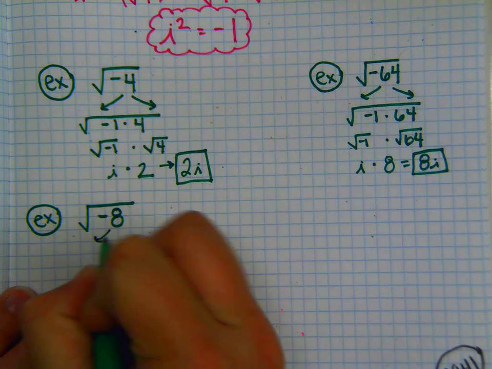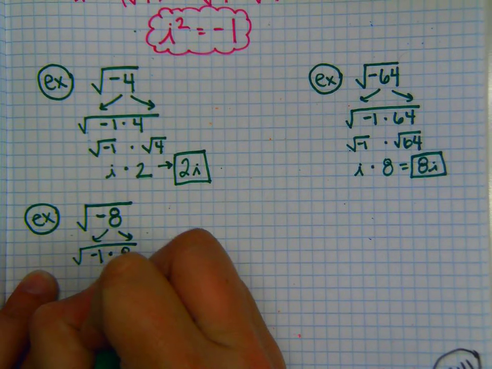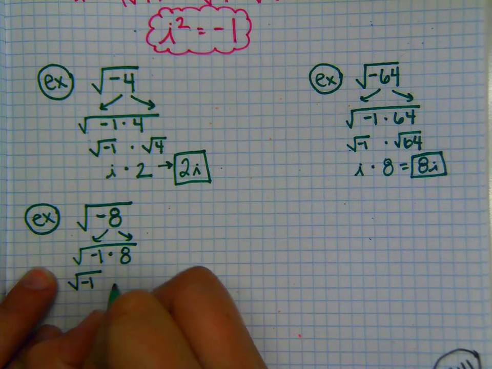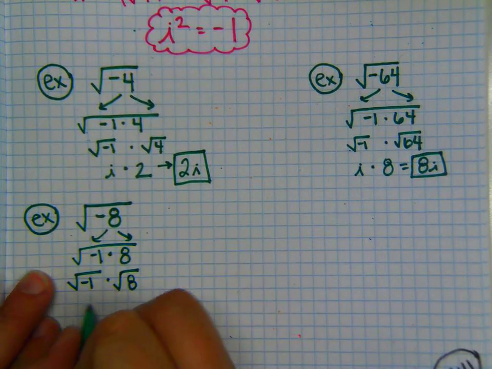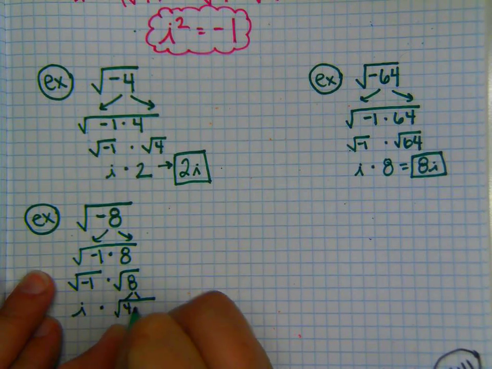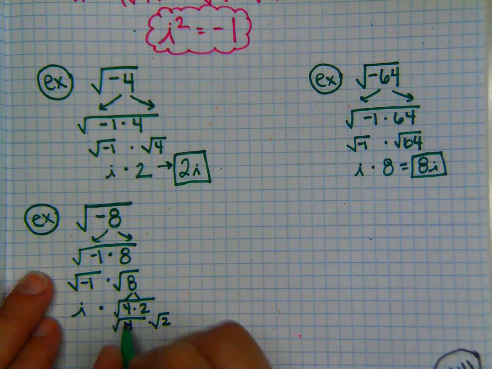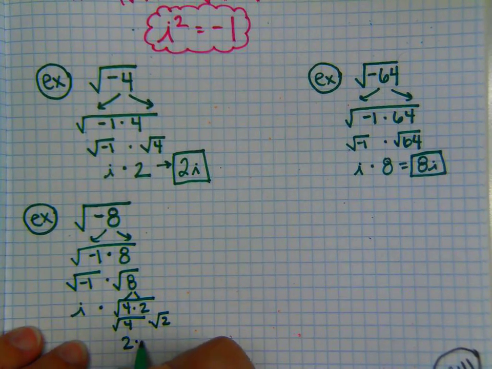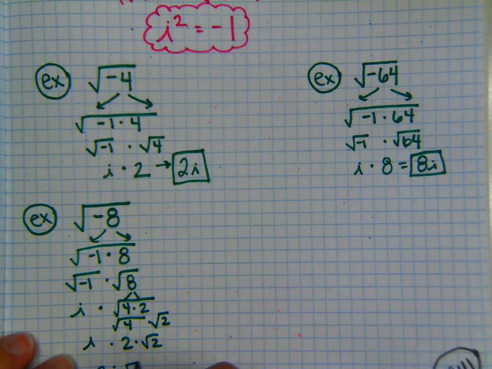We're going to break it down into the square root of -1 times 8, square root of -1 times the square root of 8. And this is i times, and this gets broken up into 4 times 2, the square root of 4 times the square root of 2. The square root of 4 we know is 2, and we still have this i, so that's going to be i root 2.